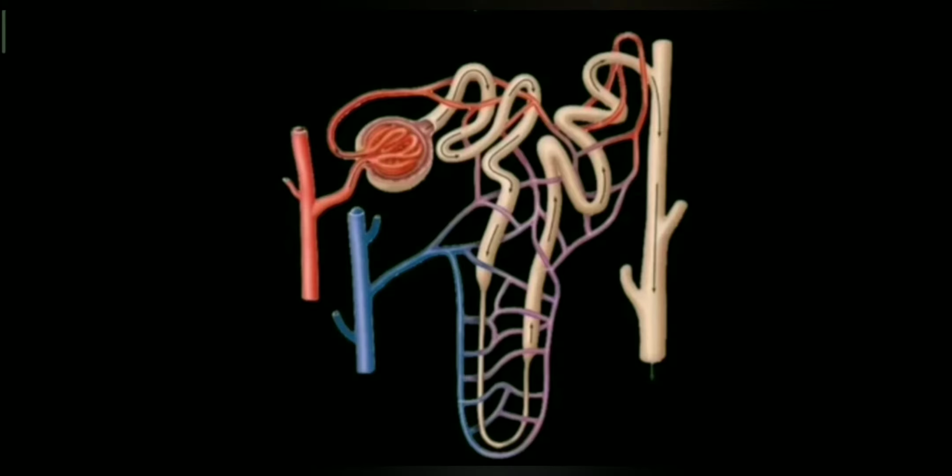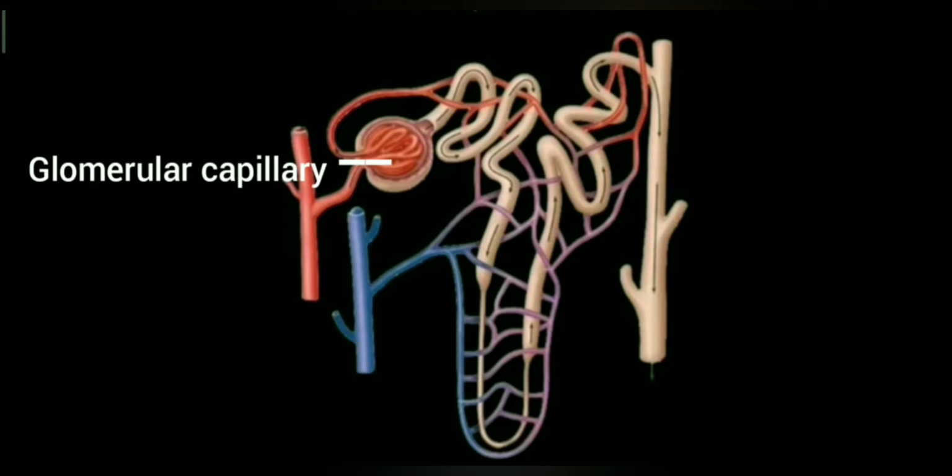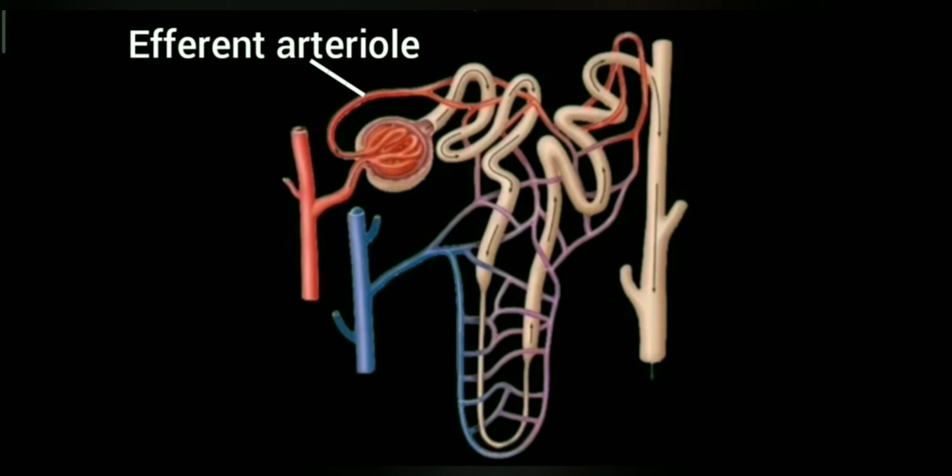Blood enters into the kidney through the renal artery. This artery then divides into small branches called renal arterioles. Now this afferent arteriole enters into the glomerular capillary. So the blood passes through the afferent arteriole into the glomerulus, and from the glomerulus it exits through the efferent arteriole.